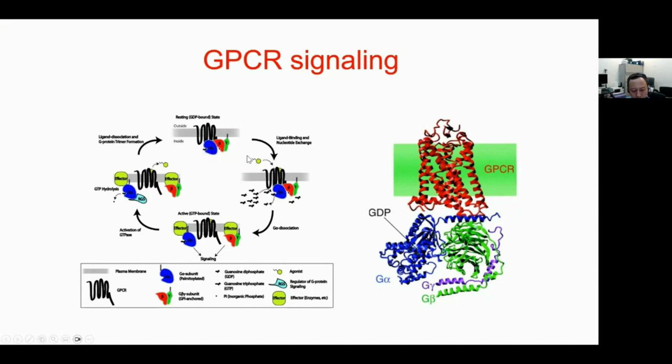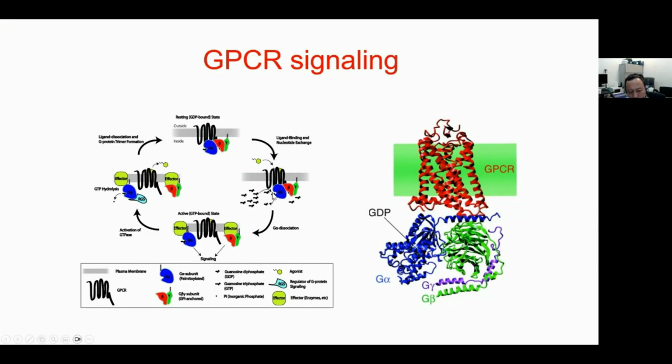So if you have the signal, which we call the agonist or activator, it will trigger a conformational change. The GDP will be exchanged for GTP. GTP is triphosphate, GDP is diphosphate.